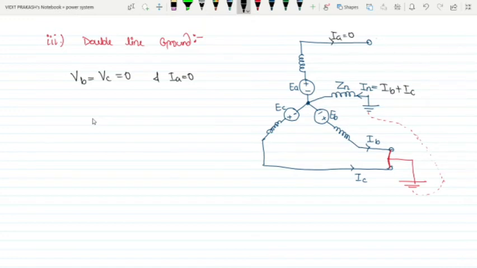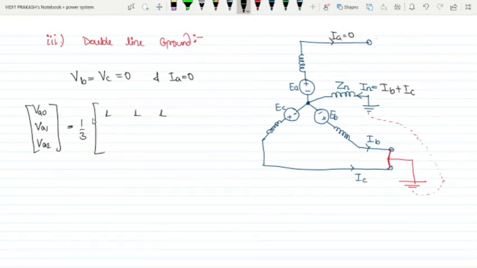Now what are the symmetrical components of the voltage? VA0, VA1, VA2 is equal to 1 by 3 times the matrix with rows 1, 1, 1; 1, A, A square; and 1, A square, A, multiplied by the phase voltages VA, VB, VC.